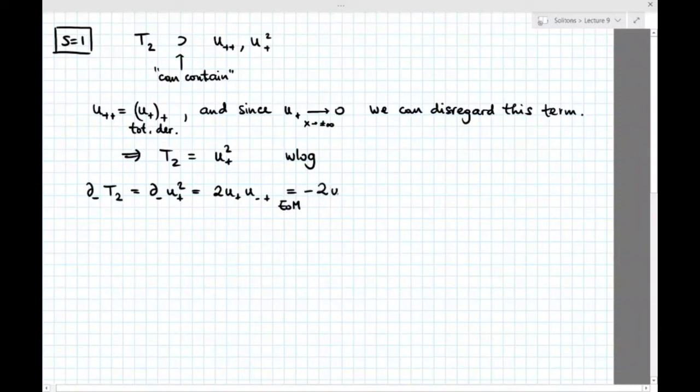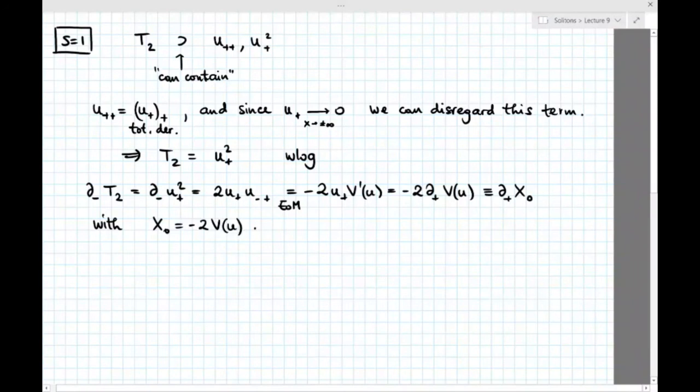So this is minus 2 u plus V prime of u, which we can also write as minus 2 times the partial derivative of the scalar potential with respect to x plus. This is what we would like to identify with the partial derivative of x naught with respect to x plus. So if we compare, we see that x naught is equal to minus 2 times the scalar potential.